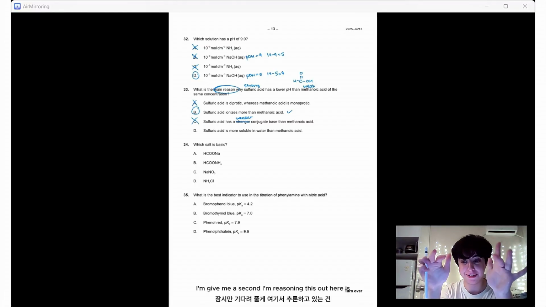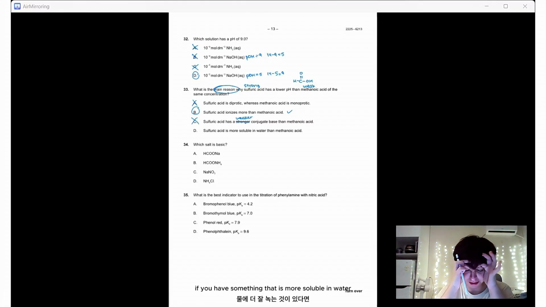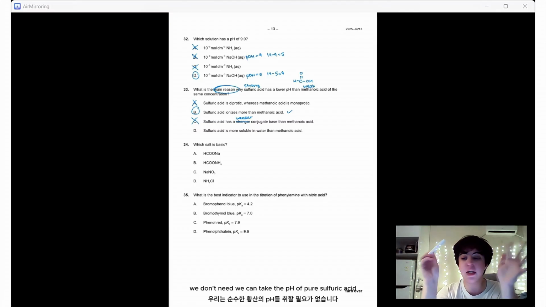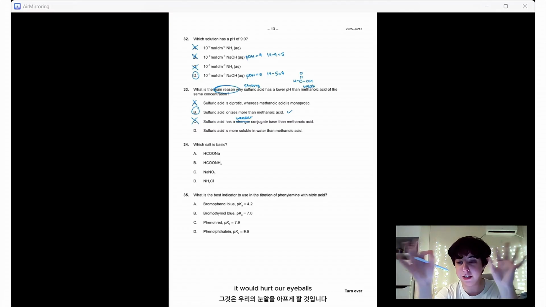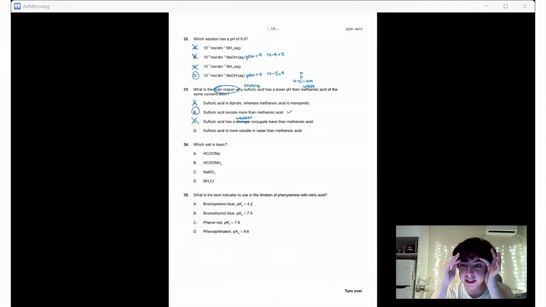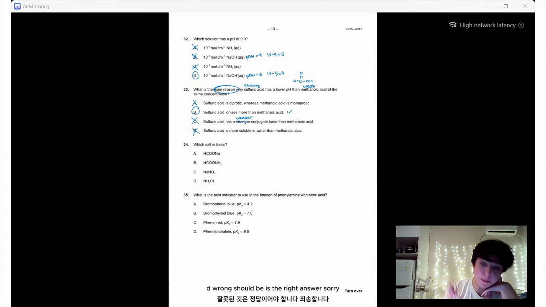If you have something that is more soluble in water, why do we need to be dissolving it in water in the first place to take its pH? We don't. We can take the pH of pure sulfuric acid, it would hurt our eyeballs, but we could do that, and of pure methanoic acid, at the same concentration. That doesn't make sense. D is wrong. So B is the right answer.